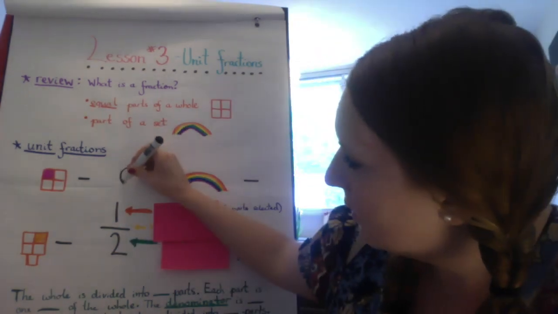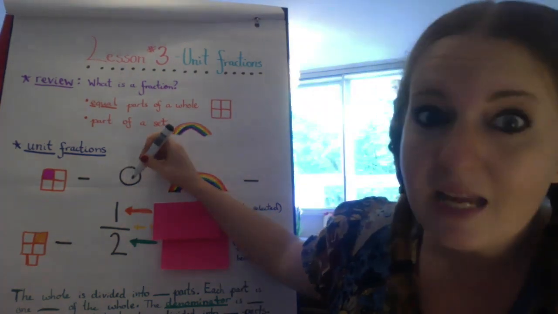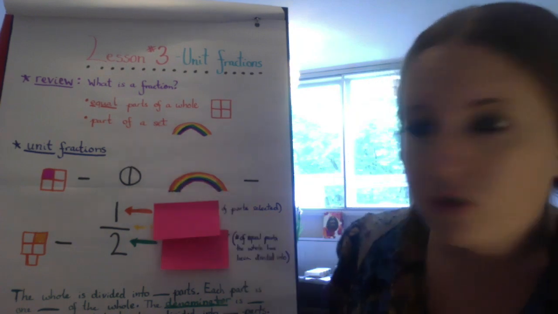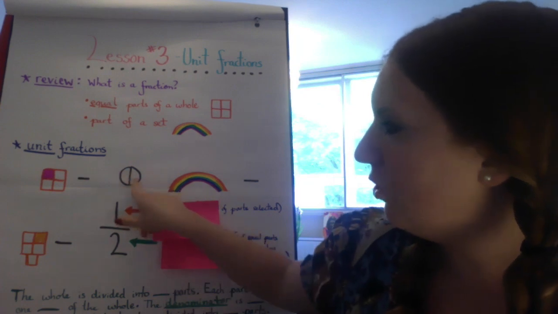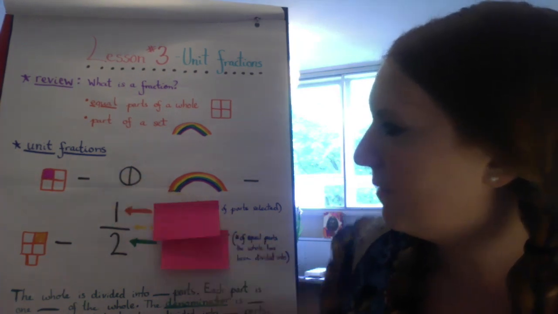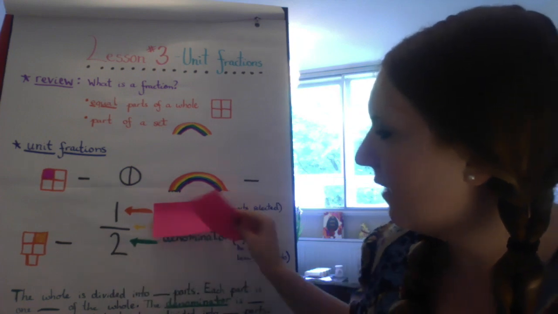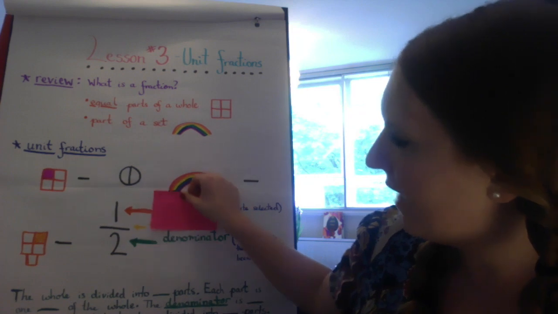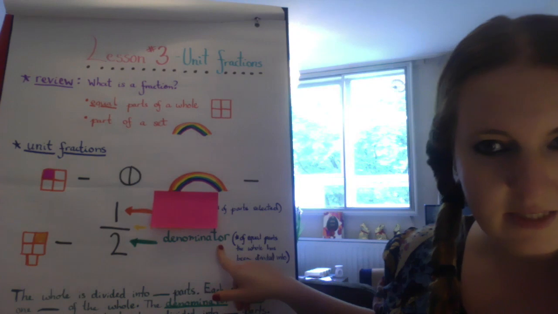So if this was my whole, I've now divided it into equal parts and now I have two equal parts. How much the whole has been divided into, we call this the denominator. So that is the number that goes at the bottom of your fraction, the denominator.